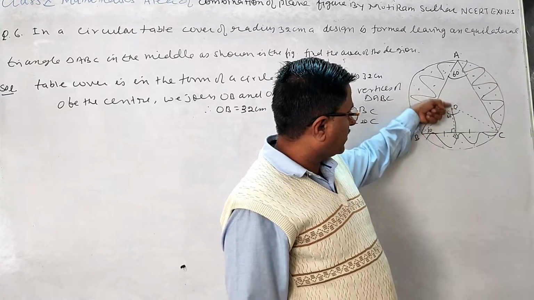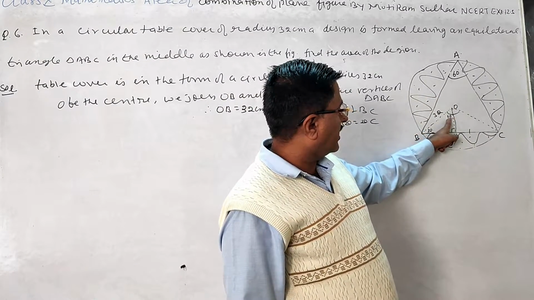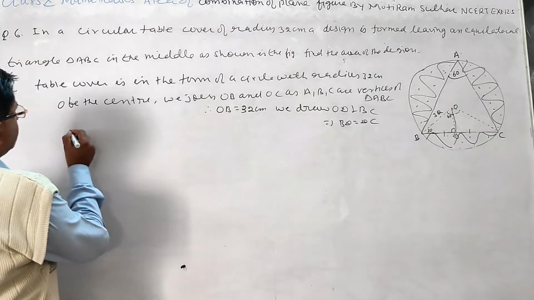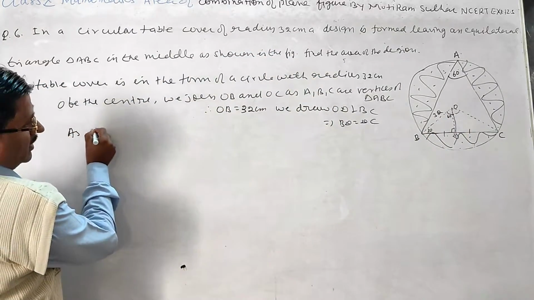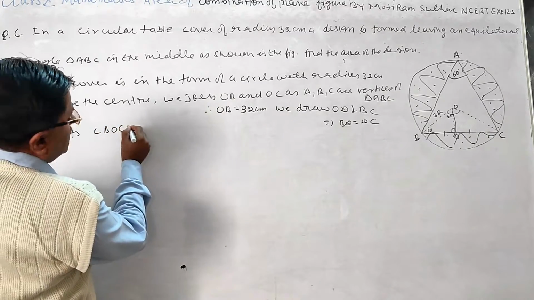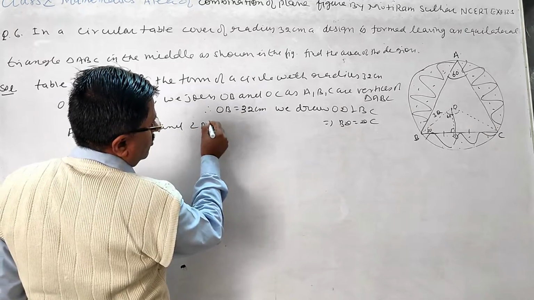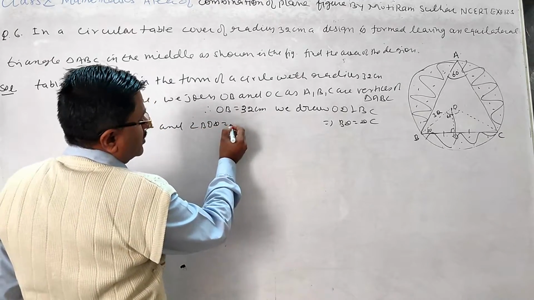But we are drawing this perpendicular bisector, so this angle will be 60 degree. So you can say angle BOC equal to 120 and angle BOD equal to 60 degree.